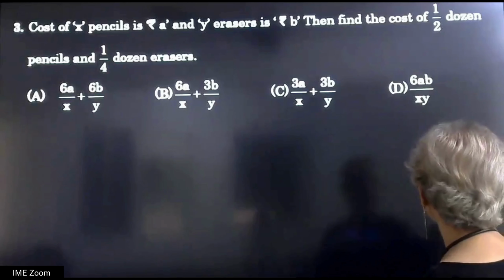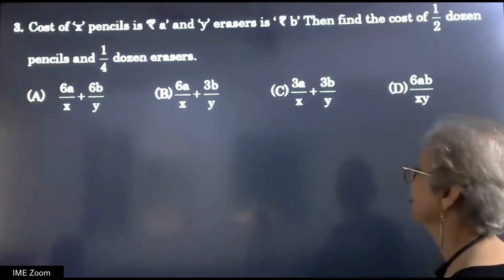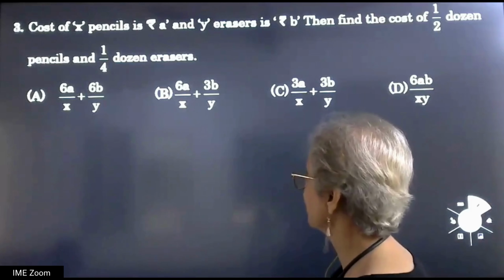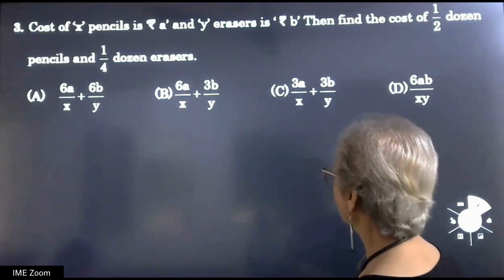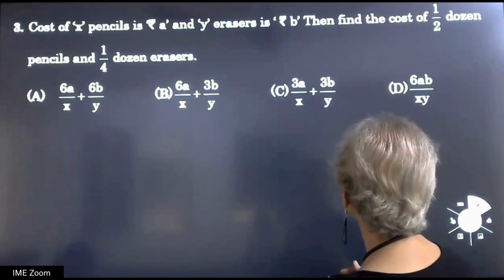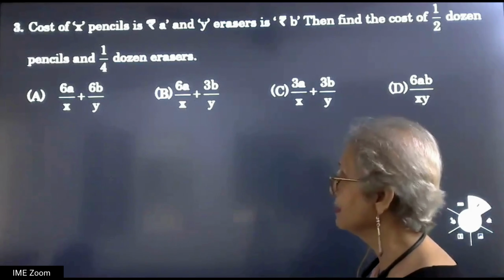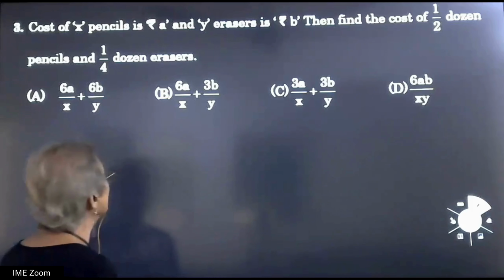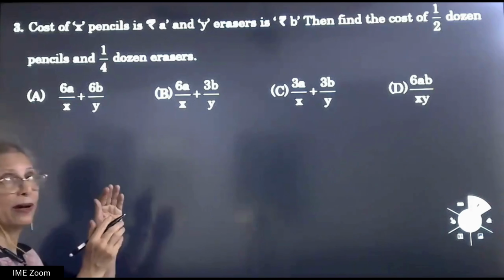Okay. Now let us move. It is also a similar type. See here. Again, cost of X pencils is A, Y erasers is B. Then find the cost of half dozen pencils and 1/4 dozen erasers. Let us see one by one, slowly. Always go in parts.